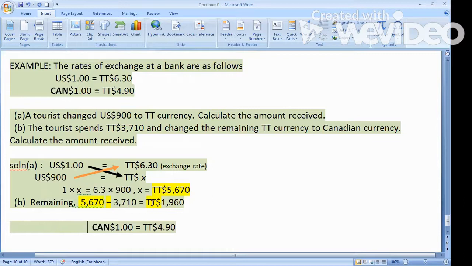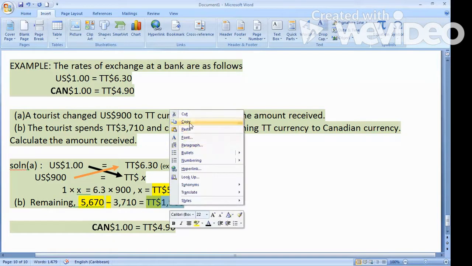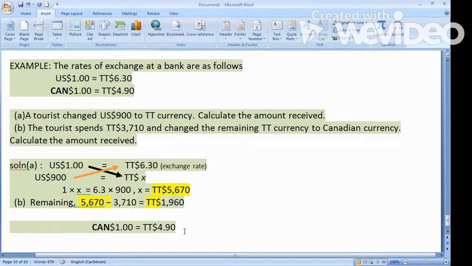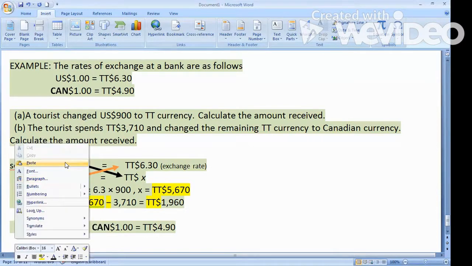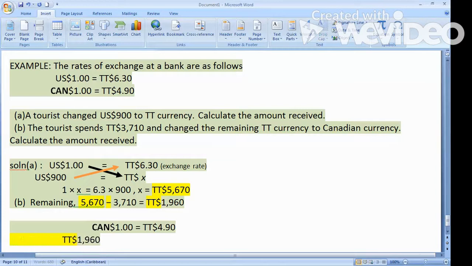Remember, we have to line up the country with the country.